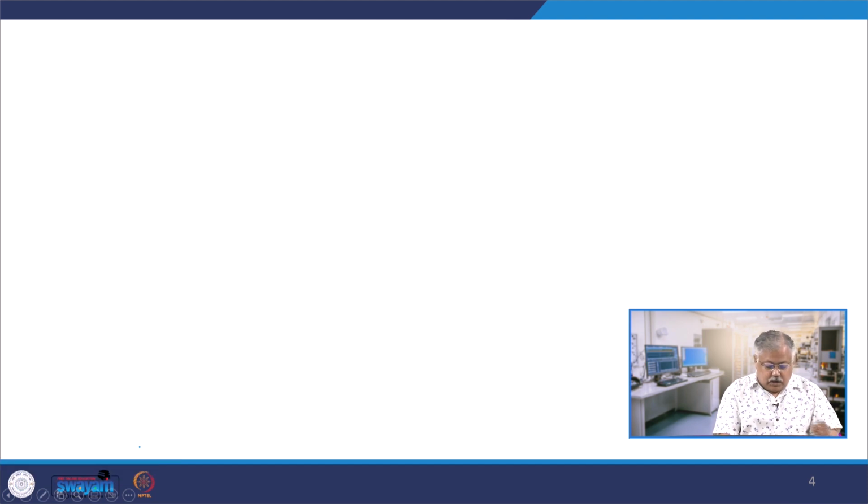Now, let us come to the electric field. I am taking it directly from the paper. The electric field, which is a function of the value of the surface potential, is given by Ut by LD. It looks complicated, but it is actually not.